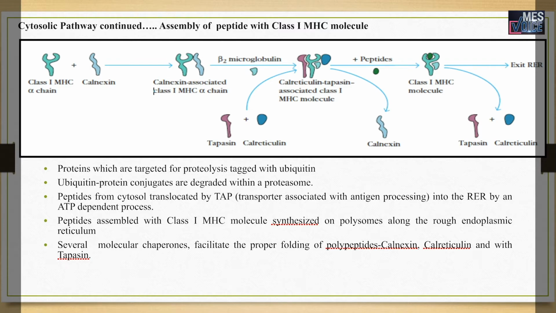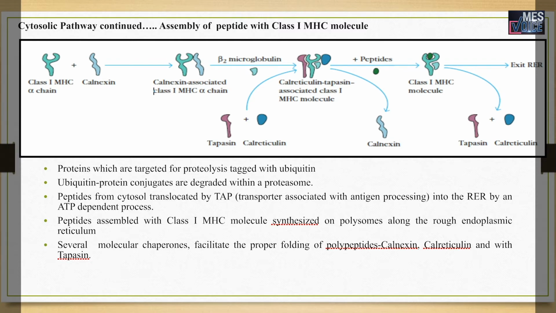Its function is to bring the TAP transporter, which transports the antigenic peptide, into the proximity of the class 1 MHC molecules, so that the class 1 MHC molecule can easily acquire the transported antigenic peptide.